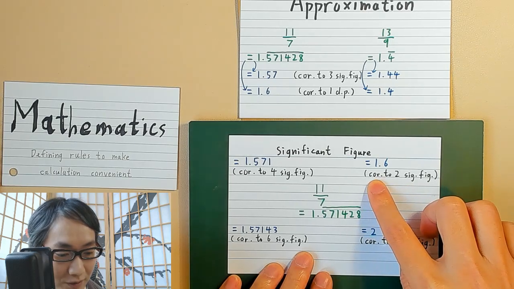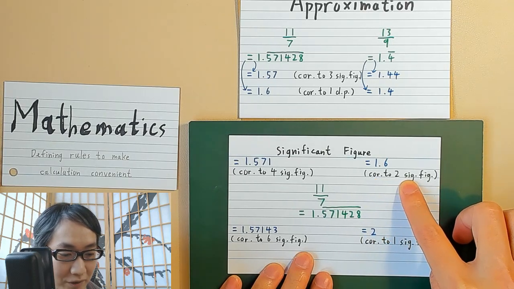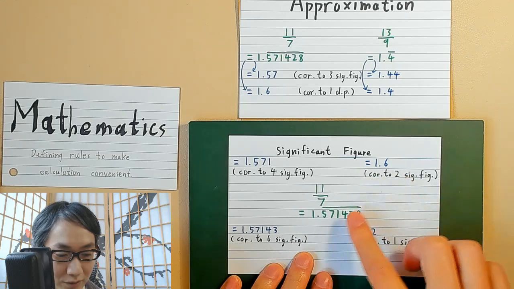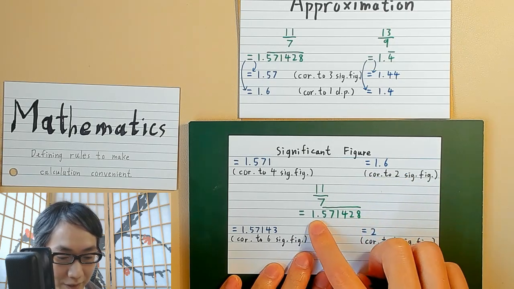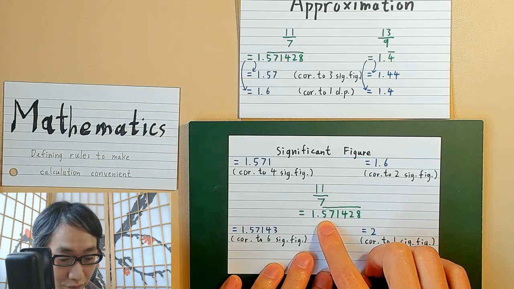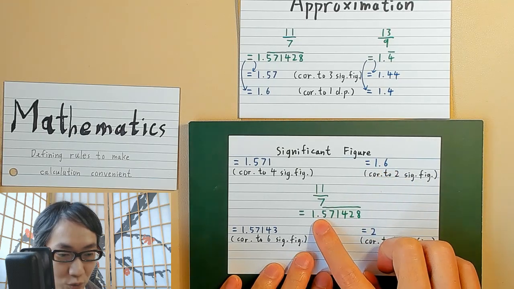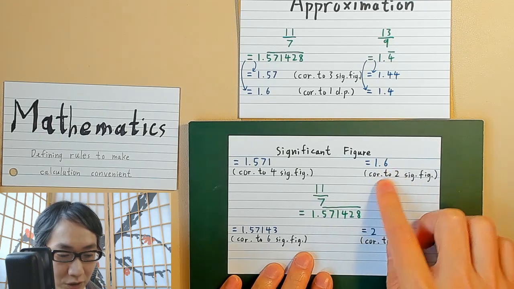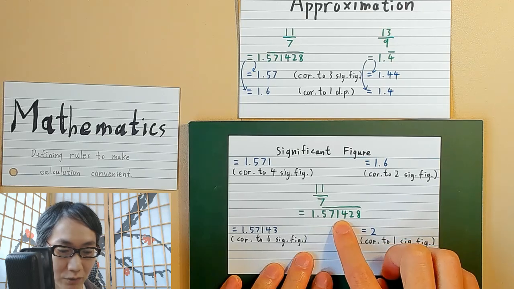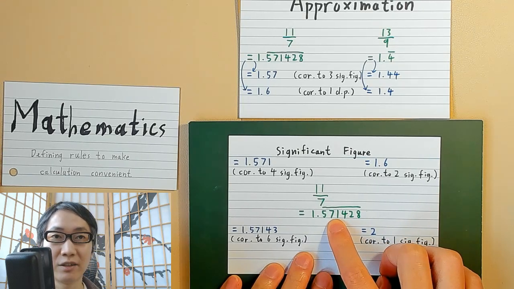So 1.6 here, we do 2 significant figures, only keeping 2 figures from this number. And here I did not do 1.5 because 1.6 will be a more accurate approximation than 1.5 to this number, as there's a 7 here.